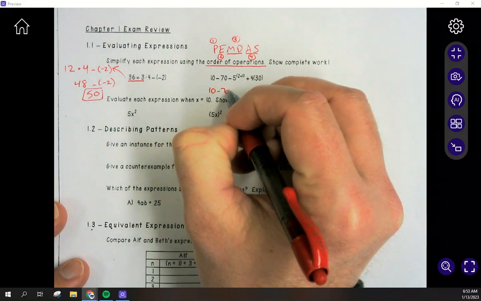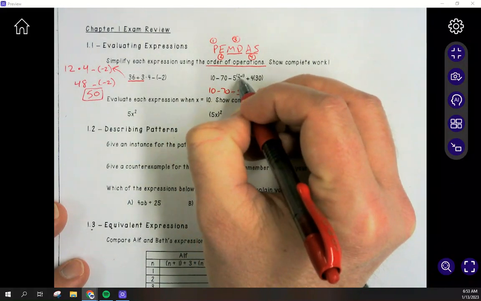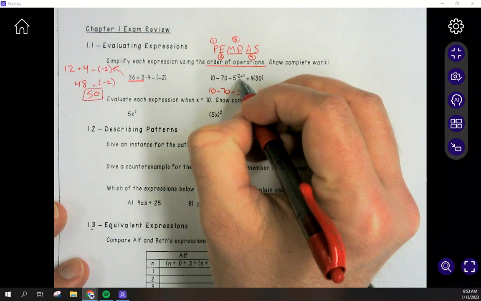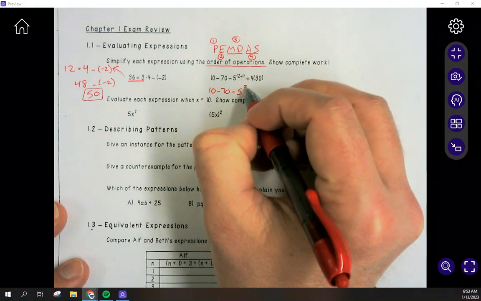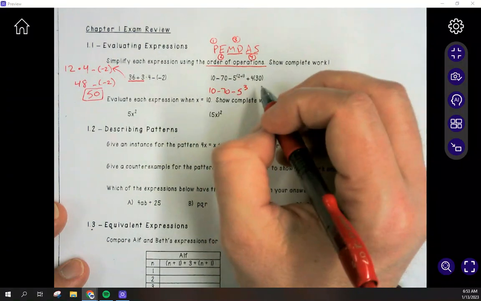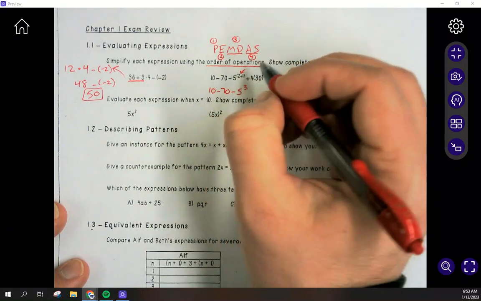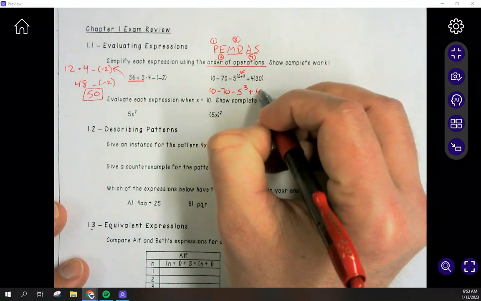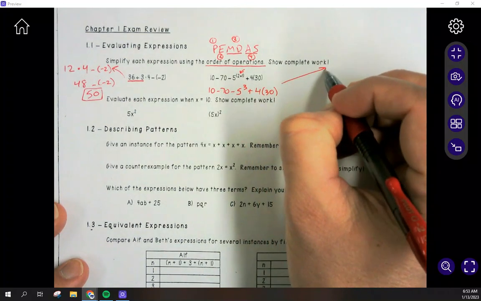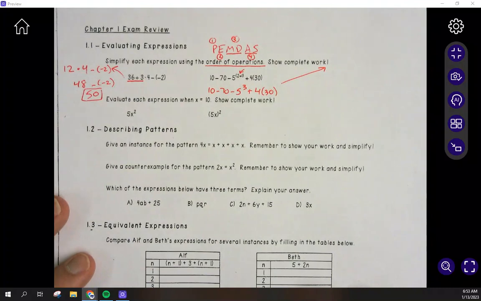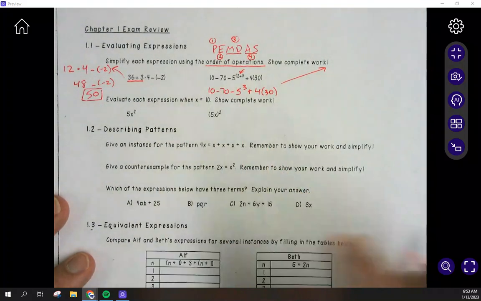So 10 minus 70 minus 5, and now 2 plus 1 up here in the exponent becomes a 3. Okay, so I've done the parentheses part. That's what I'm doing first. Plus 4 times 30. Now I'll bring it up over here. In that process, I am going to do the next step, which is exponents.